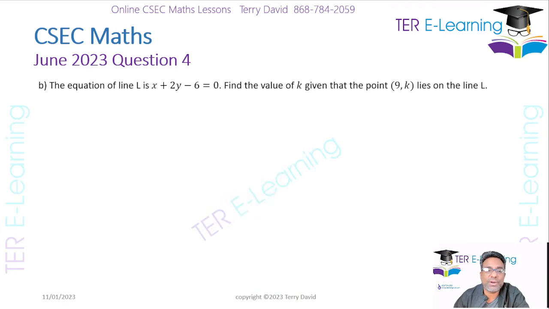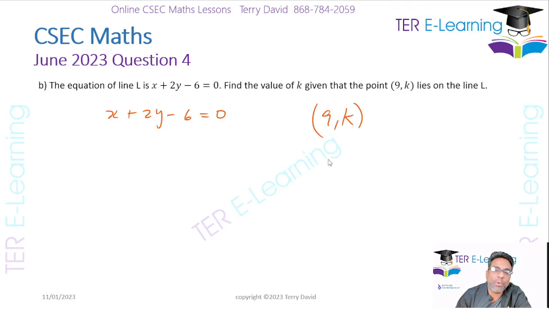Next part. The equation of L is given by this. Find the value of k given that the point is on the line. So you have an equation, x plus 2y minus 6 is equal to 0. And we have a point on the line which is given by (9, k). Now, what that means is that x is equal to 9 and y is equal to k.